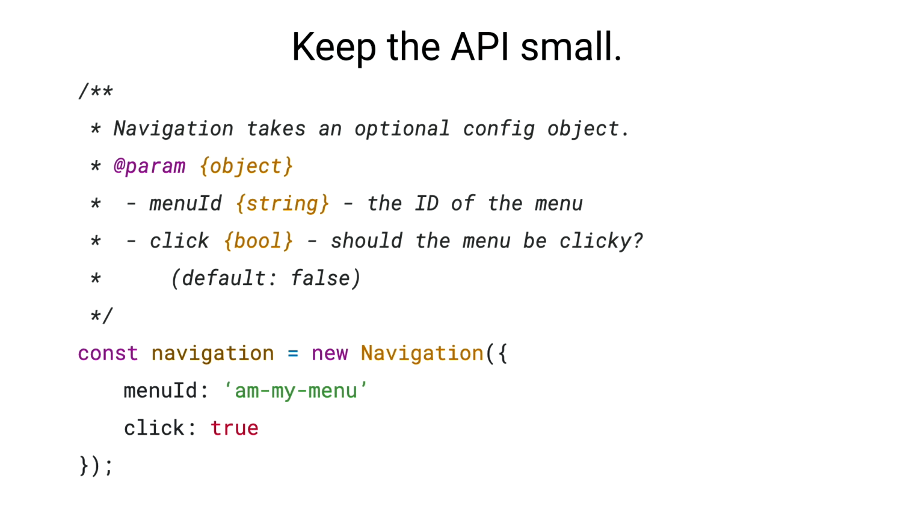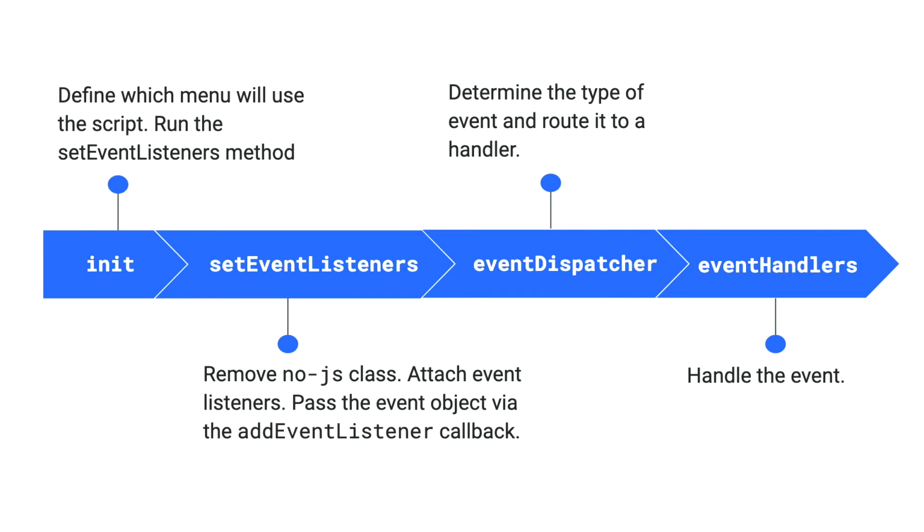So what does that chain of events look like? When I call the init method on the new navigation thing, it sets off these four things that are basically hidden from some random developer, but are available if we want to edit them.